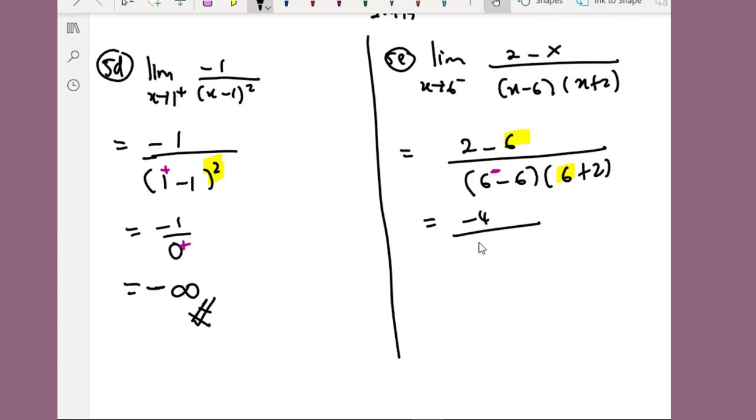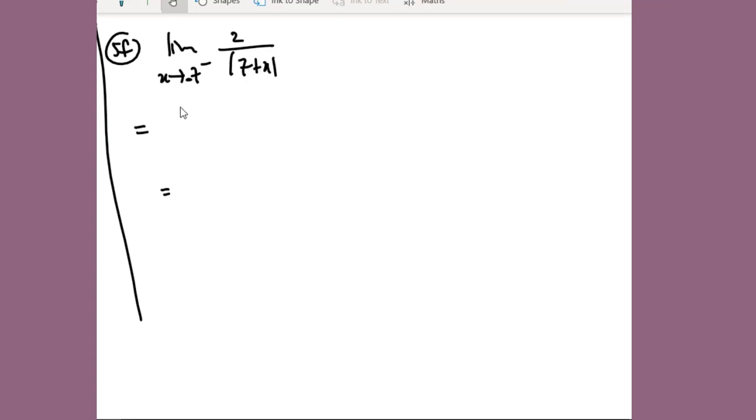Below is 0 and 8. For values less than 6, like 5.99 minus 6, it will give negative. So 0 negative times 8 is 0 negative. Actually, you can write this one, though it's not good, I just want to show you. Just write infinity, negative, and this one negative, so positive infinity.